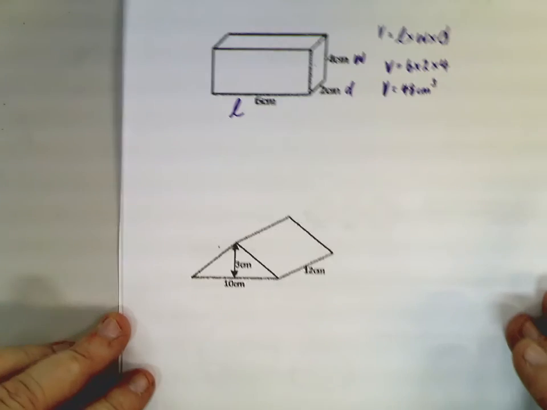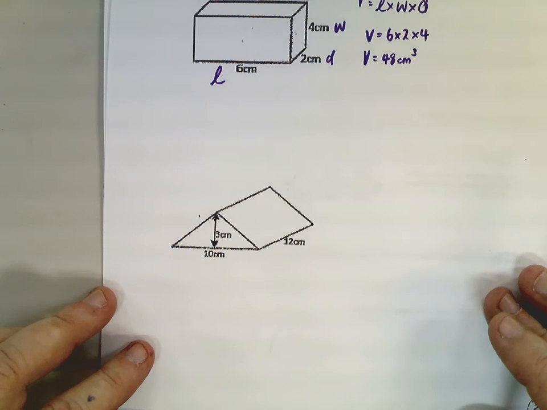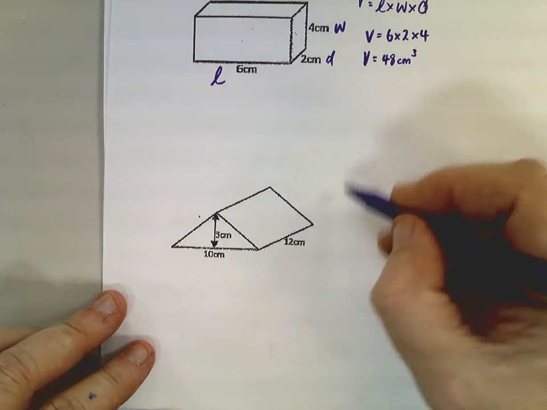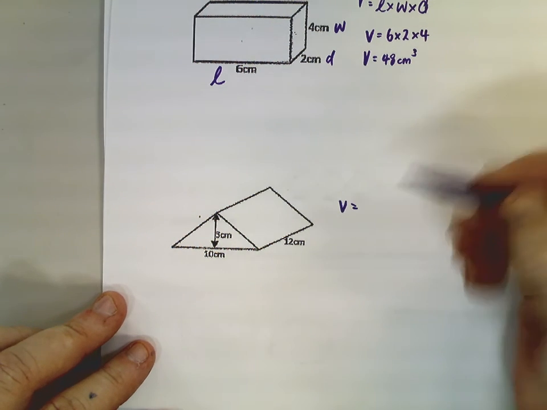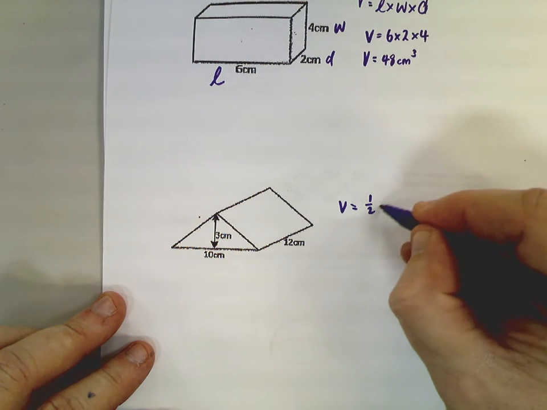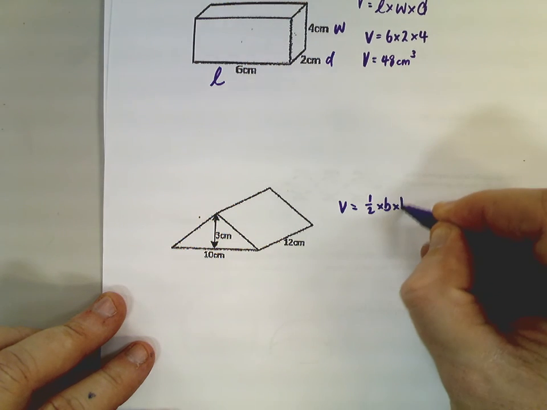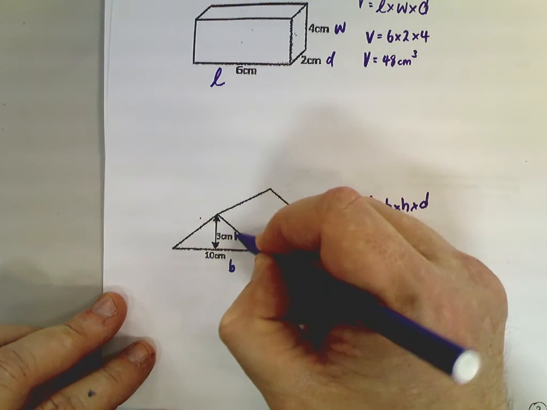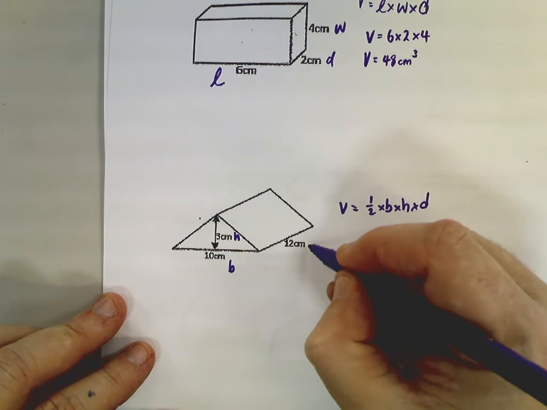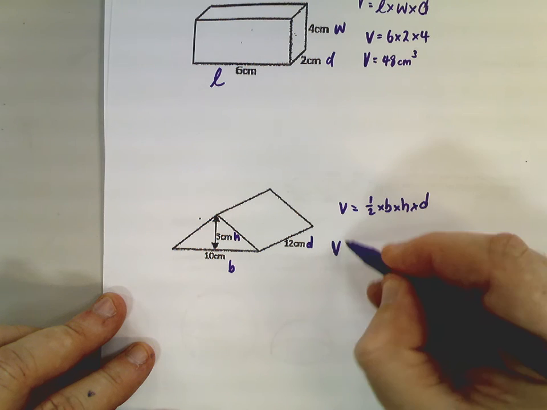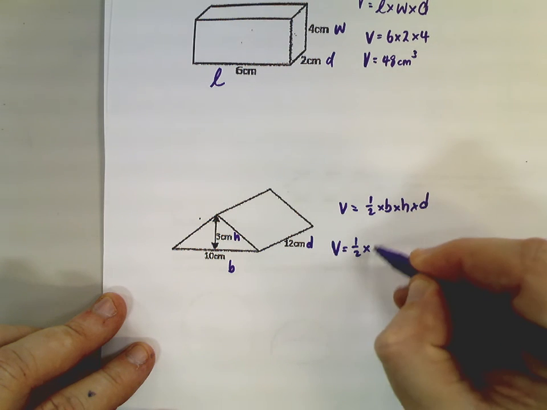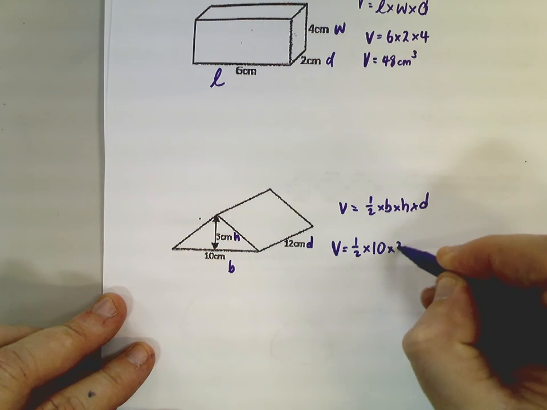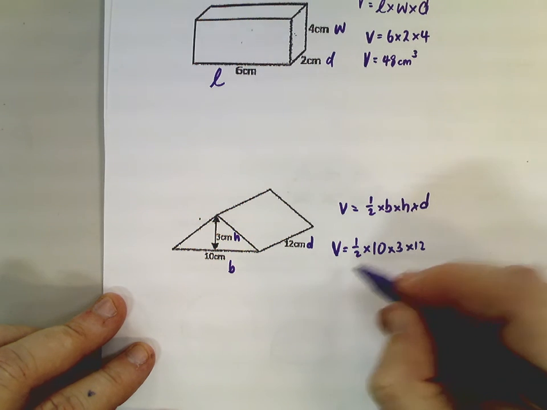And let's have a look at this particular one that's actually in the example that's in your booklet. So once again, volume is half times my base times the height times how deep it is. So B, H, and D. So volume is equal to a half times 10 times 3 times 12.